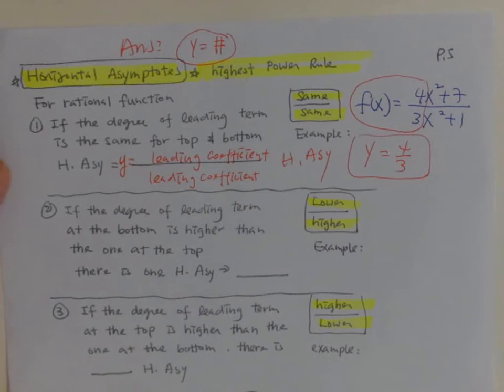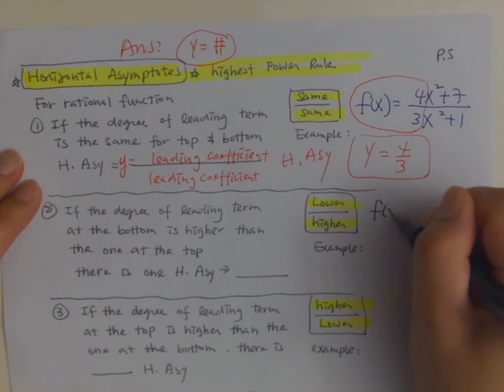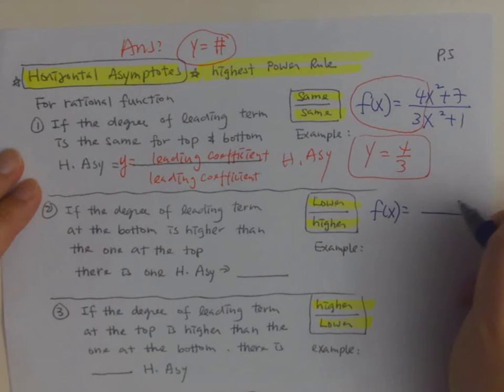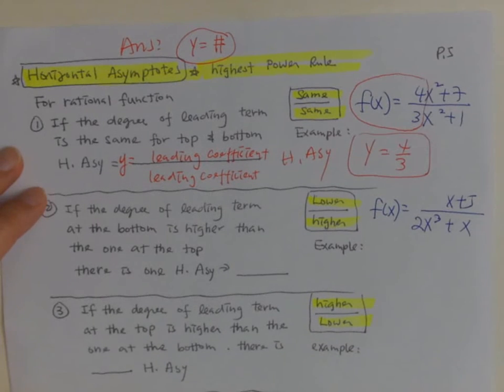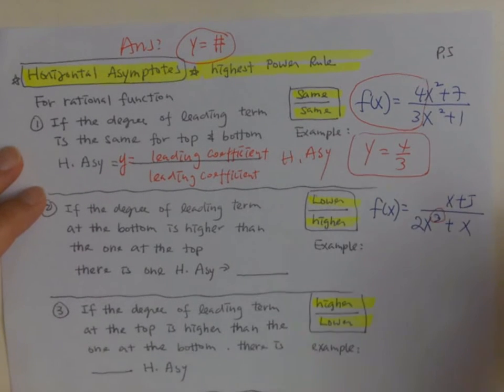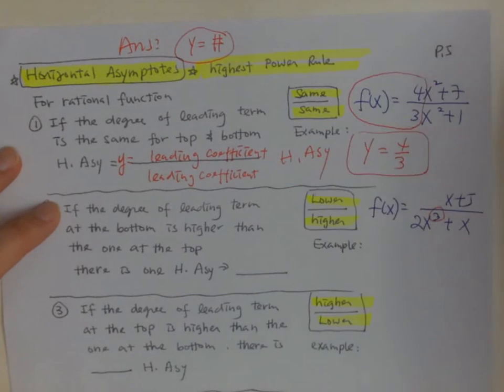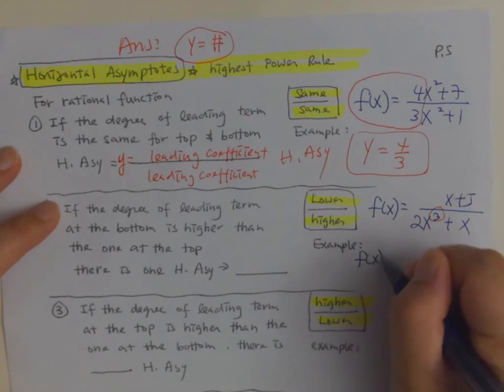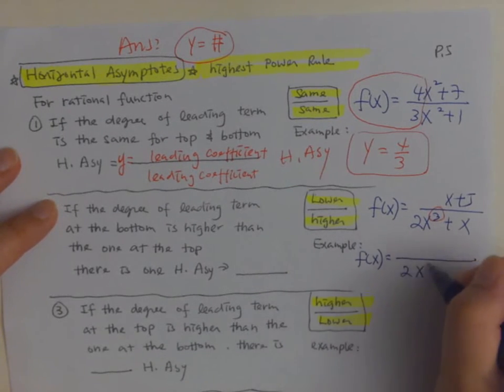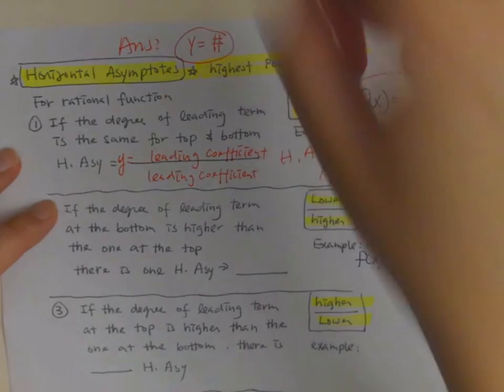Okay, so that's the first type, and we apply the same rule for the next two. For the next one, I'm going to give you an example with something lower on top, say x plus 5 over 2x cubed plus x. The bottom has the highest power, so I am going to force them to have the same power. How do I do that? On top, x plus 5, I don't have the term x cubed.